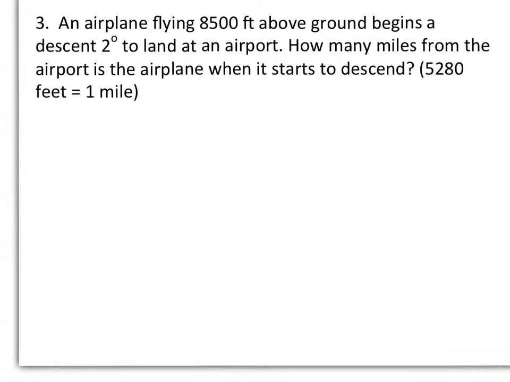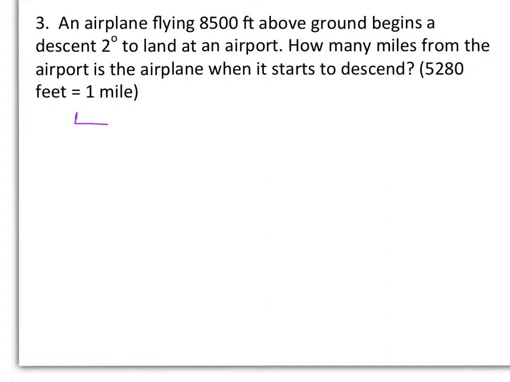Number 3, an airplane flying 8,500 feet above ground begins a descent of 2 degrees to land at an airport. How many miles from the airport is the airplane when it starts to descend? And remember that there's 5,280 feet in 1 mile. All right, so let's go ahead and draw a diagram.